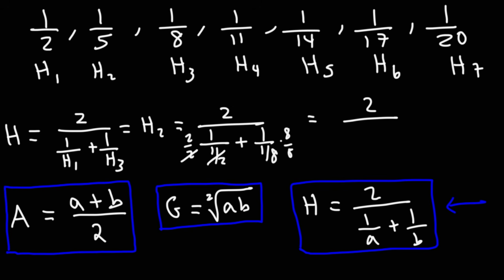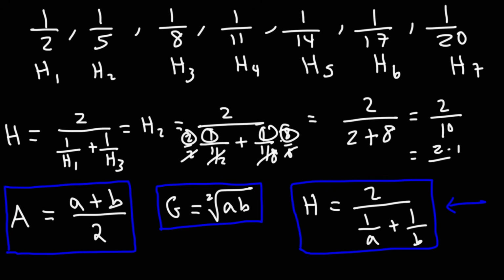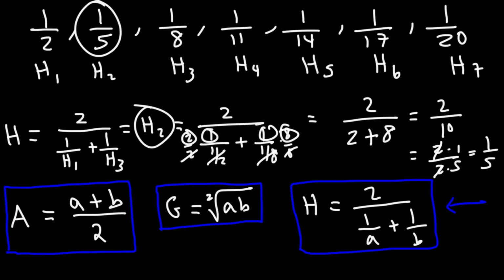So 2 times 1/2 is 1, and this just becomes 2 times 1, which is 2. 8 times 1 over 8 is 1, so this becomes 8 times 1, which is 8. So we get this. 2 plus 8 is 10, and 2 is 2 times 1. 10 is 2 times 5. We can cross out a 2, and we get 1 over 5. And as we can see, 1 over 5 is the value of h2.